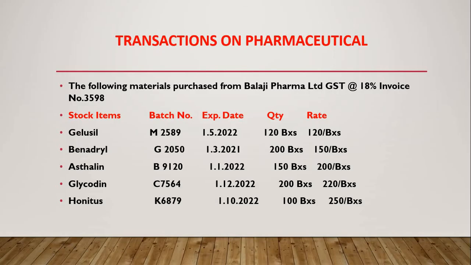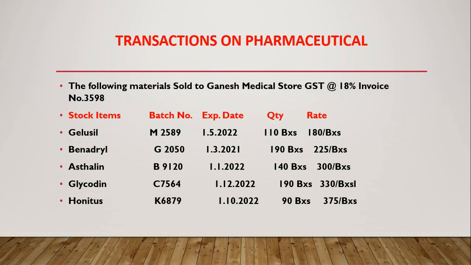So next, one more entry. The following materials sold to Ganesh Medical Store, GST at 18%, invoice number 3598. Okay.